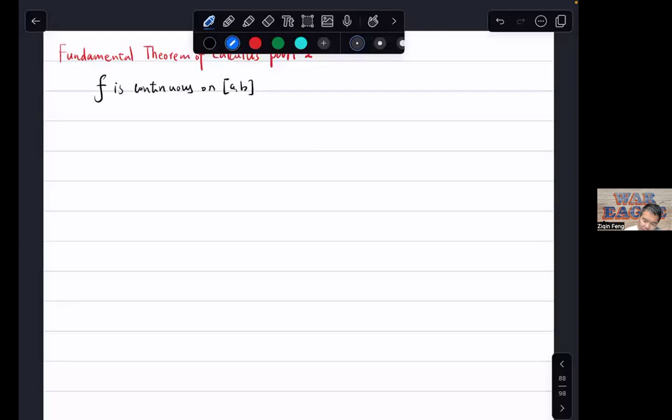So this fundamental theorem of calculus nicely makes a connection between integral and antiderivative.